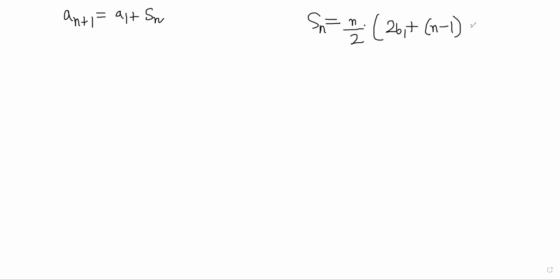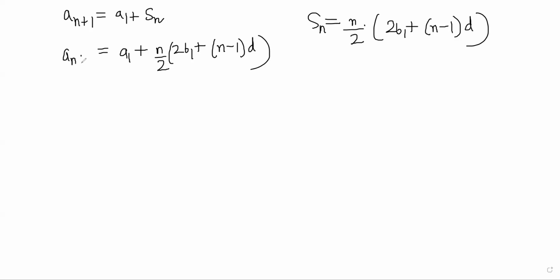That is pretty simple because we have An plus 1 is equal to A1 plus Sn. And what was Sn? If you notice, Sn was n by 2 times 2b1 plus n minus 1 into d, right? So this becomes A1 plus n by 2 times 2b1 plus n minus 1 into d, and this is An plus 1.